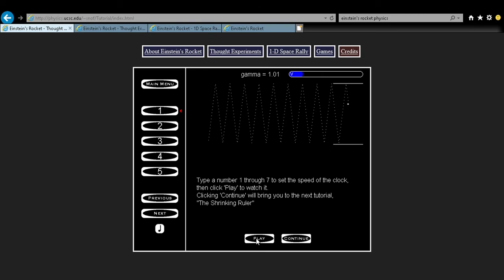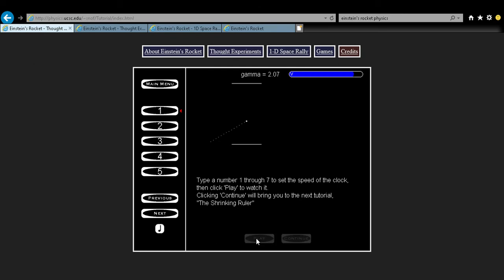And I'm going to try with 7 now. Okay, so this is an even more extreme gamma. As you'll see in the lecture, you can increase the speed of an object, but it essentially only asymptotically approaches the speed of light, and your gamma gets larger and larger, and you have a bigger effect of this time dilation or length contraction.